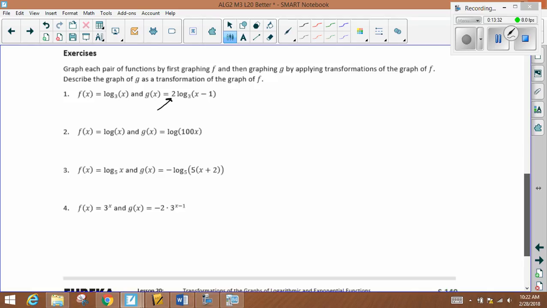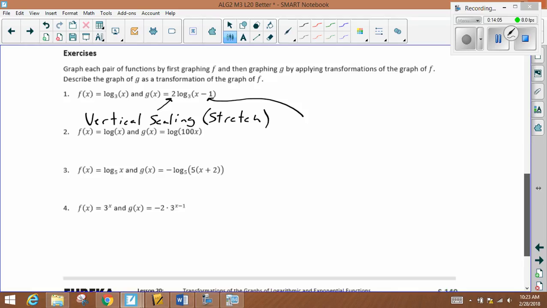What did the 2 in the front of the logarithm do when we were doing this? Right, that was a vertical scaling. It was a stretch. We've looked at the graphs now, and if you don't remember, just use the method that we talked about before and graph each one of those changes separately.